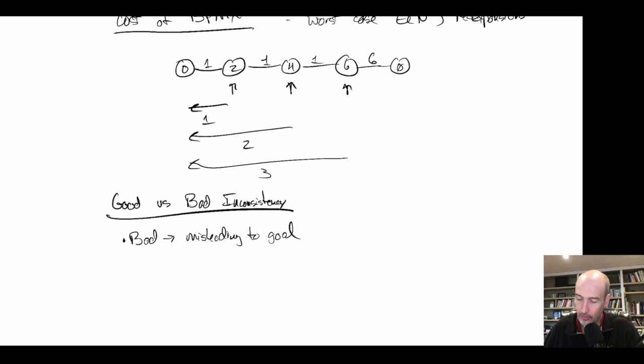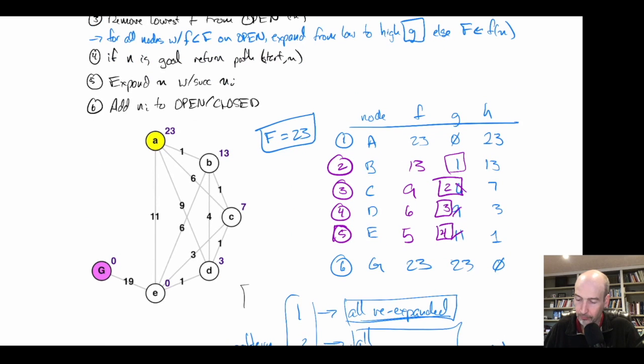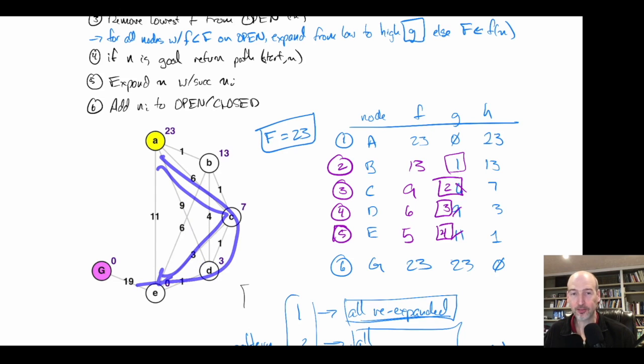If we look at this example back up here, the optimal path to the goal has the largest heuristic values, and the suboptimal paths to the goal have high path costs but low heuristic values. So here this inconsistency is 100% misleading. It takes us down exactly the worst path to the goal, then the second worst path, then the third worst path, and the fourth worst path, and so on. So this is bad inconsistency.